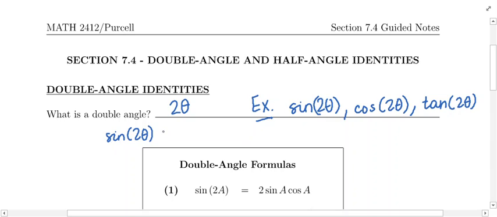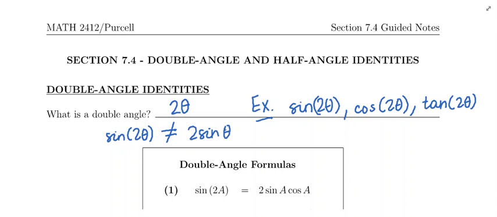This is not the same thing as 2 times the sine of theta, where you're taking the sine of theta and then multiplying that result by 2. You've got to be clear that it is some angle theta that is first being doubled, or multiplied by 2, and then you take the trigonometric function of that new angle.